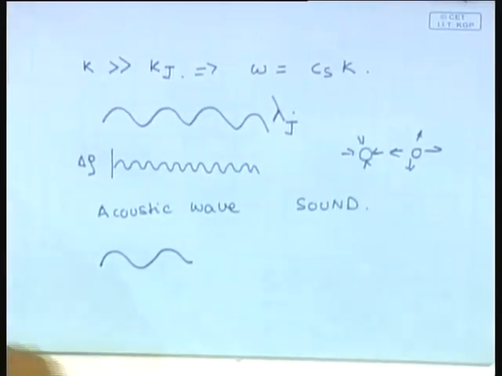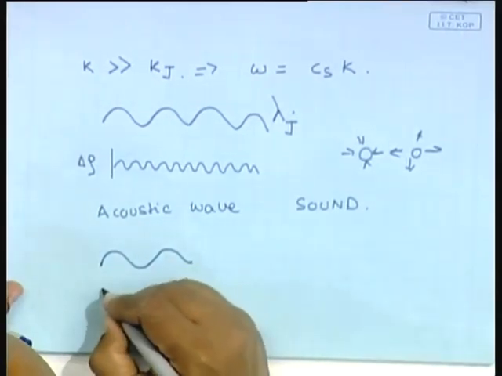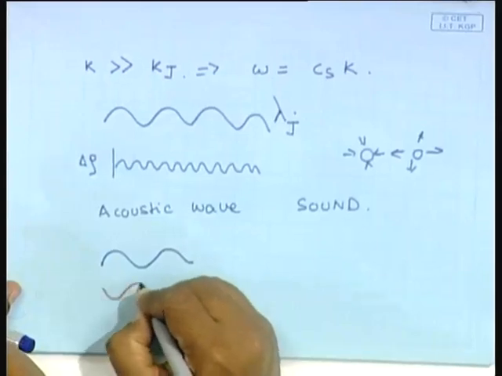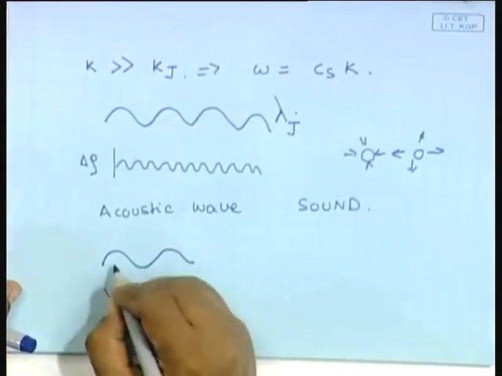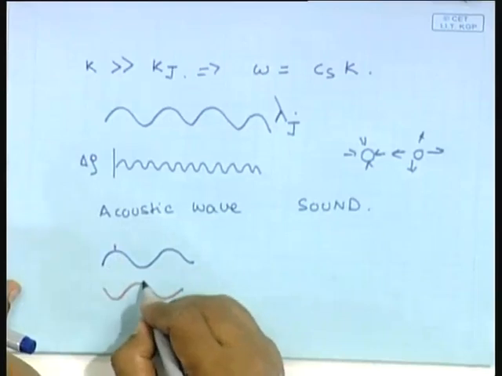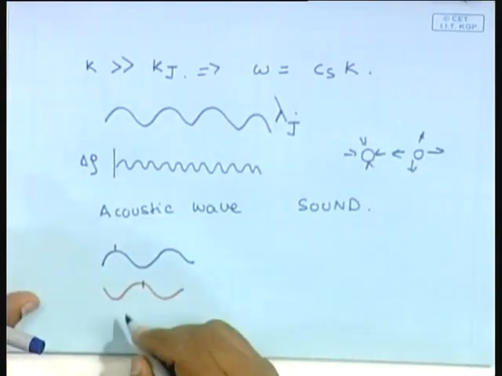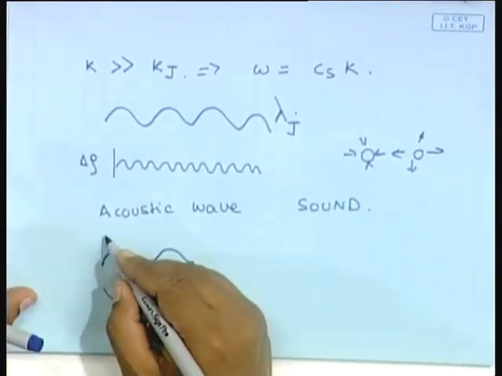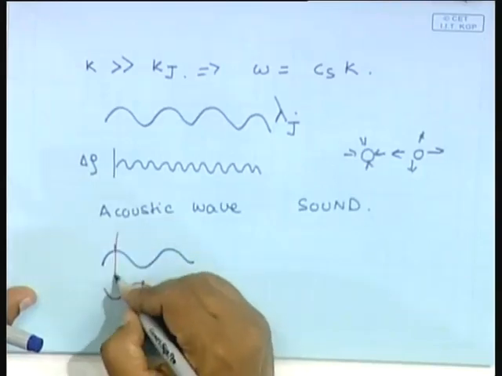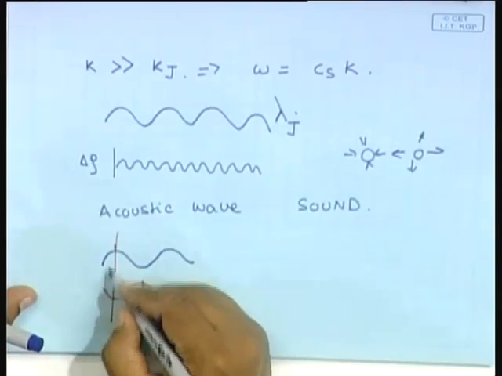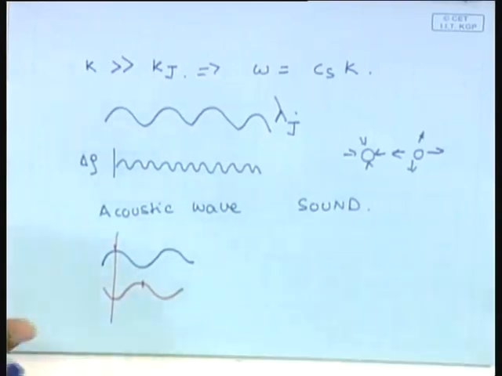It will look like this. The point where you had a maxima has now shifted here, and later on it would have shifted further. If you look at one fixed position, the amplitude just oscillates up and down, e to the power i omega t. So this is the familiar sound wave by which sound propagates through our atmosphere, for example.